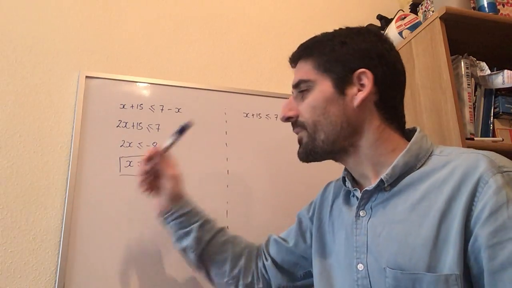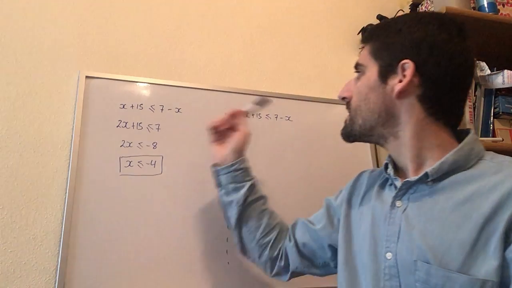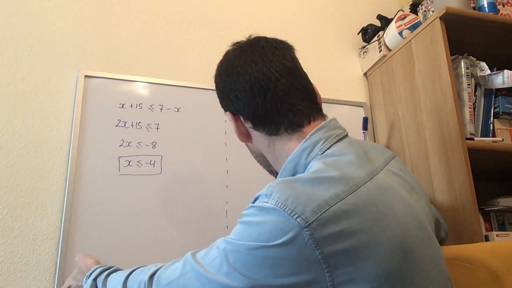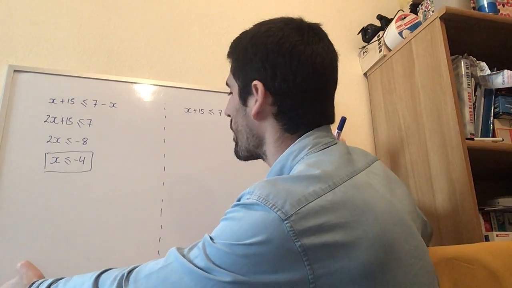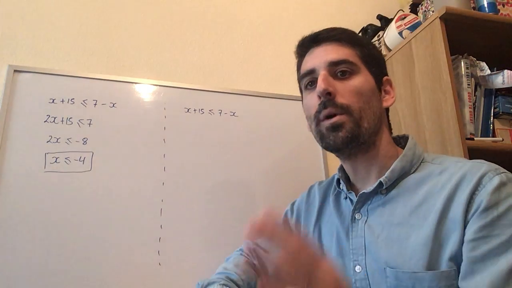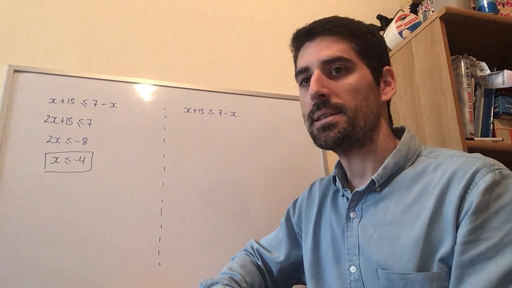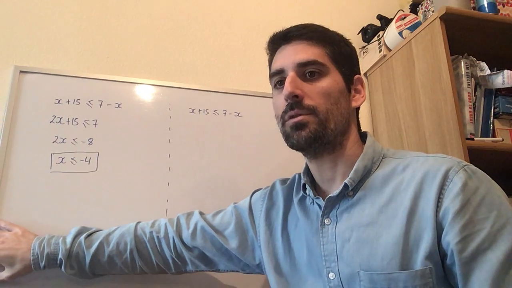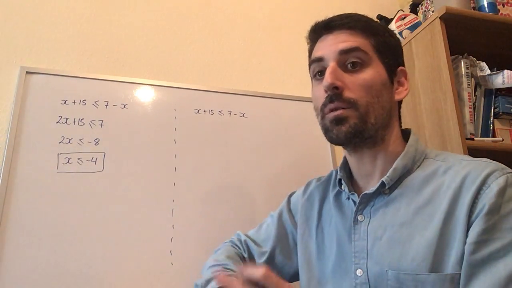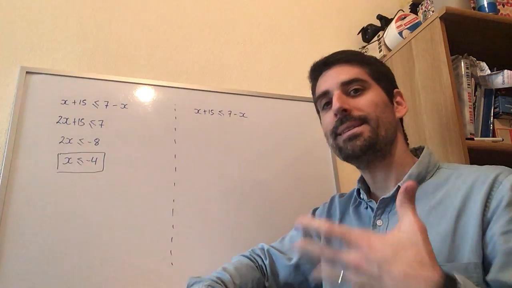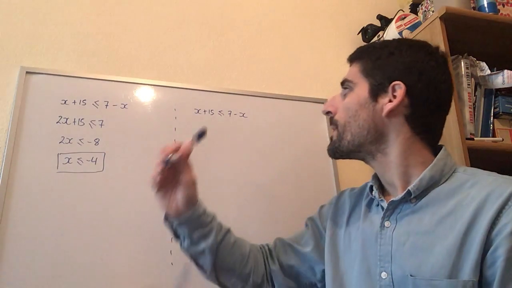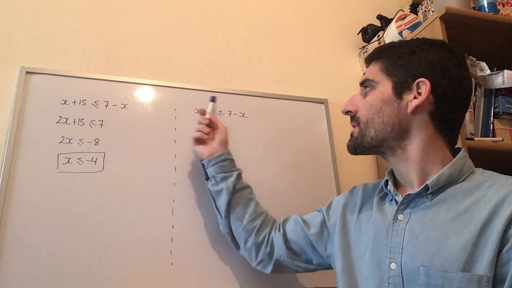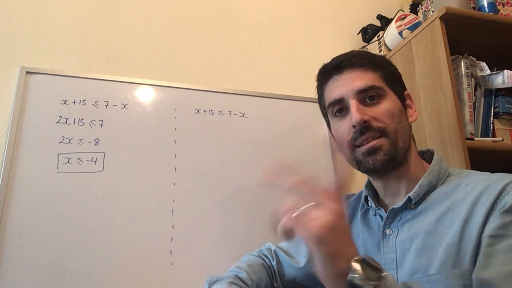Alright, that is the perfect answer. Same question. What if I did things slightly differently? We need to remind ourselves that x has to be less than or equal to minus 4. What if instead of moving the minus x to that side, I did it the other way?